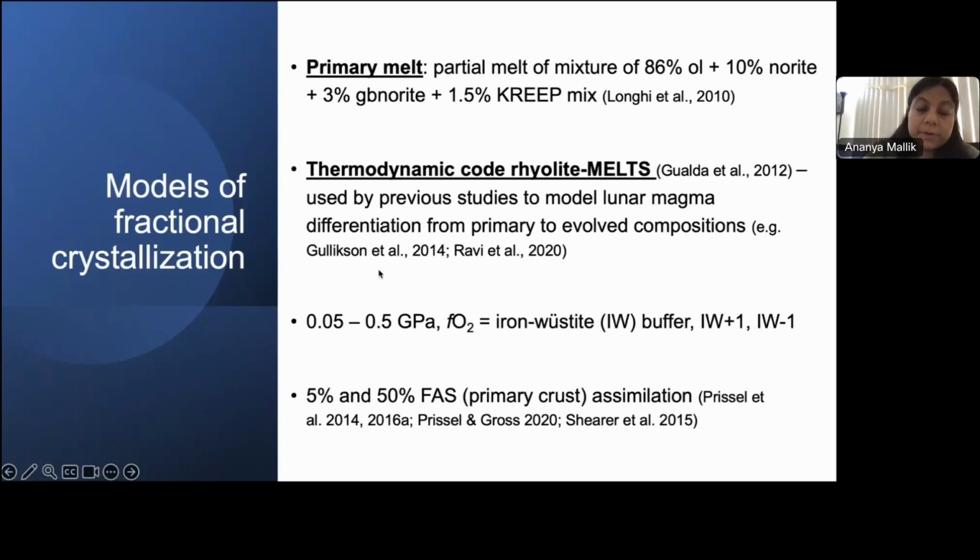And then, of course, previous studies have suggested that some primary crust assimilation may be required for the Mg suite. And so what we wanted to do here was actually assess the effect of primary crustal assimilation on the cumulate and the liquid line of descent. And so we varied the amount of primary crust from 5% to 50%, so sort of two different end members.